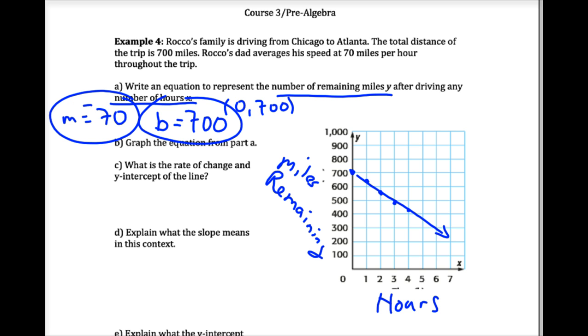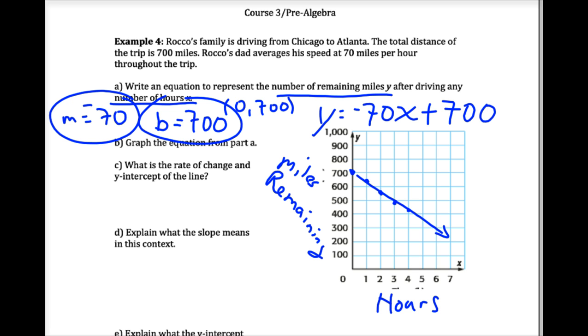Just because the line's going down, and since we're doing time remaining, we're going down 70 miles per hour. So the equation would actually be y equals negative 70x plus 700. And that would be the equation for getting to Atlanta when you're driving 70 miles per hour. And x is your hours, and y is the miles remaining.